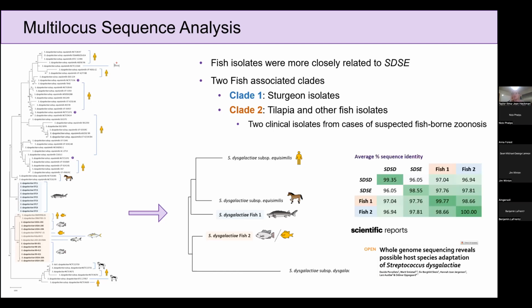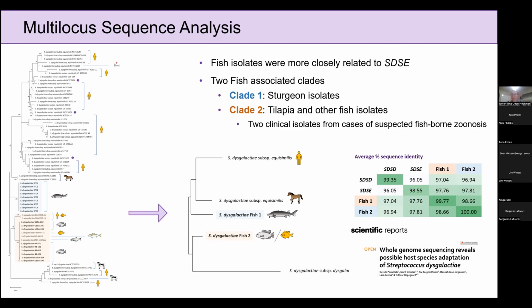And then I took a look at the average sequence identity between our groups. So these are averages of all of the strains of SD, all of the strains of SDC, and from the fish 1 clade and fish 2. So we can see here that our conventional subspecies are the most distinct from each other.